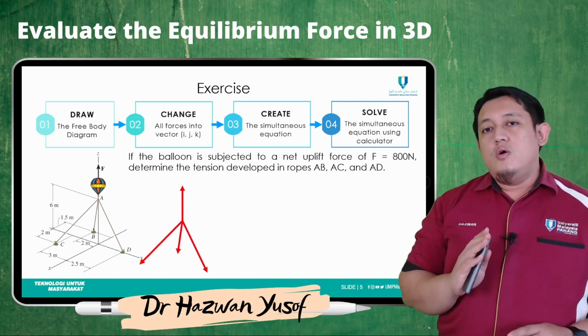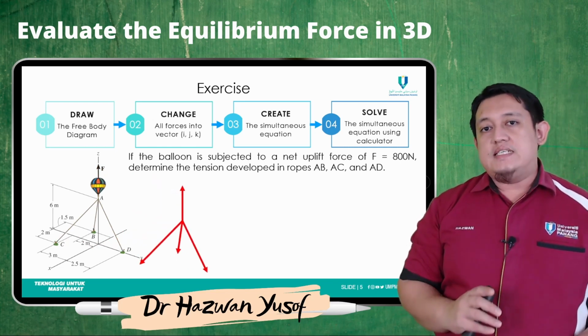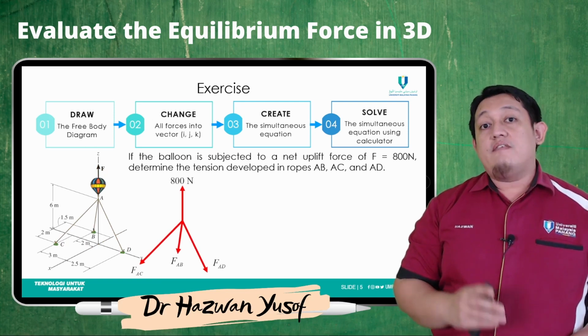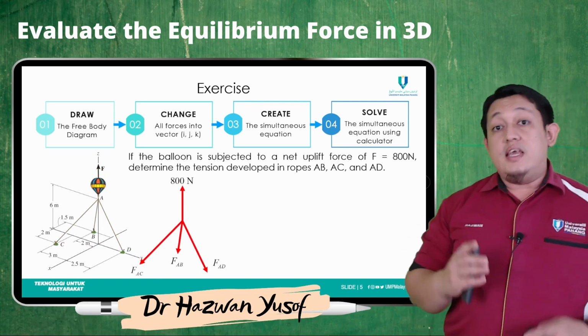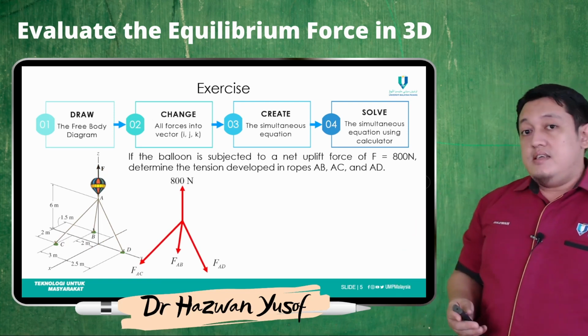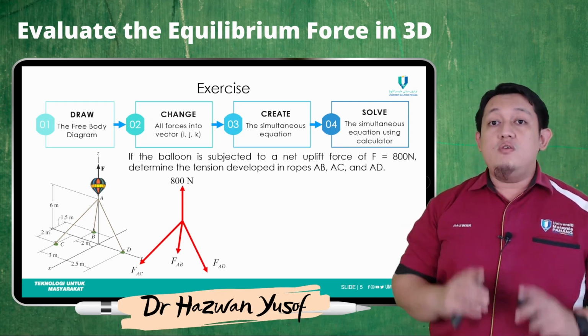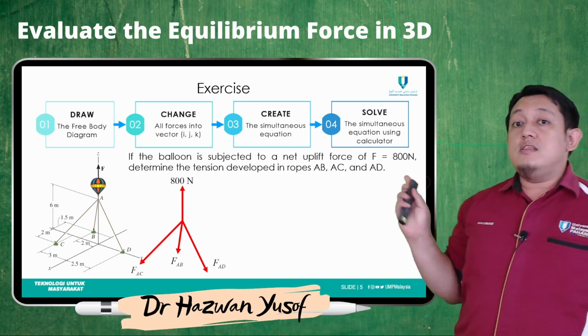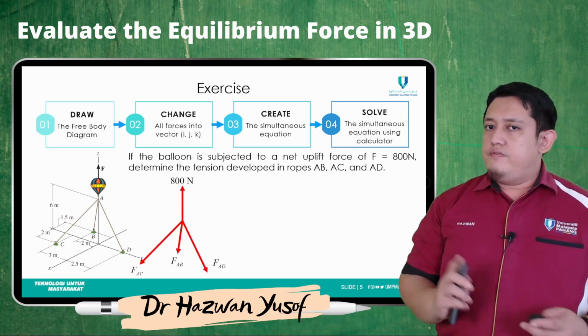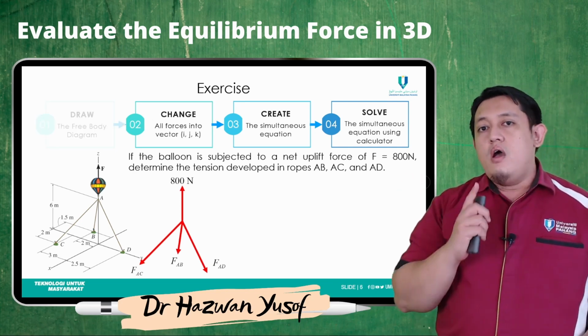Then we label these forces as FAB, FAC, FAD, and 800 Newton, which is the value of F as mentioned in the question. So, we finish step number 1.